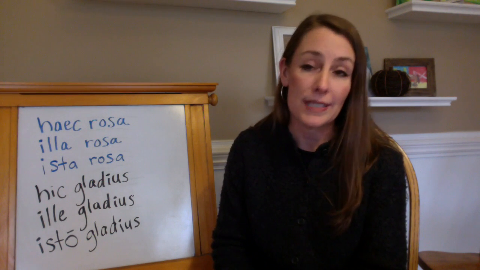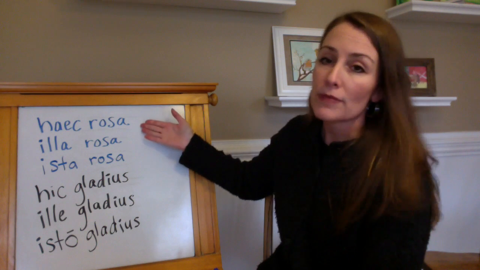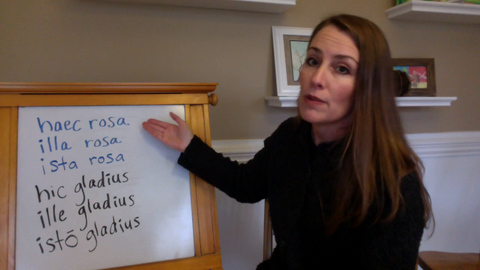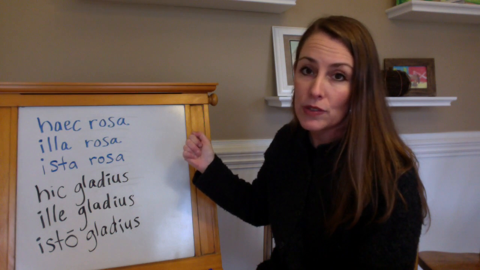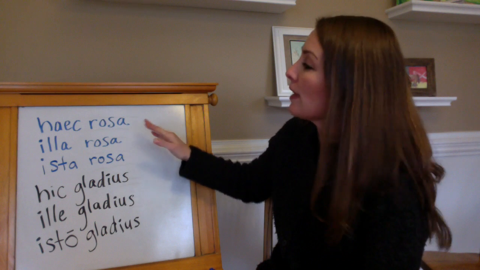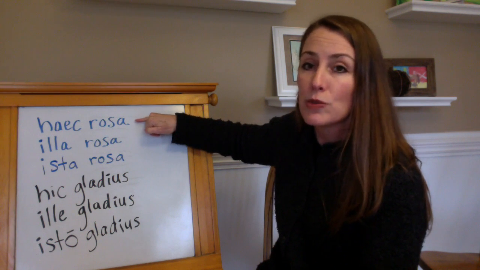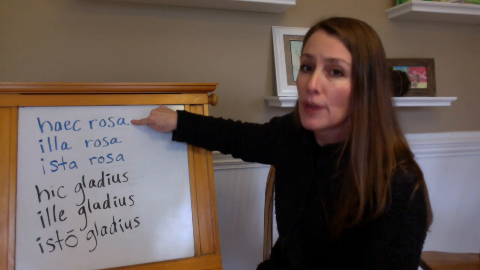We would use iste. Let's take a look at how we would use these demonstrative pronouns with some nouns. Remember, demonstrative pronouns are going to tell us which one. They're going to answer the question which. So if we're speaking of a flower or a rose, if I wanted to say this rose, well, I have to look at my word rose, and my noun is feminine.